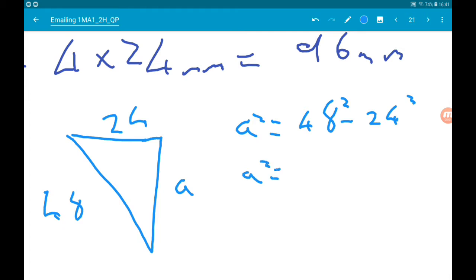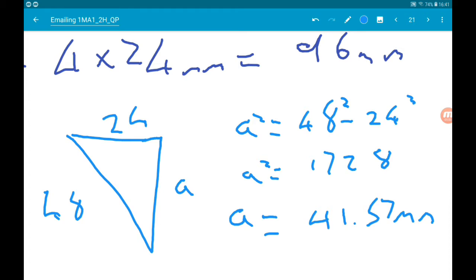Now that then tells us A squared is 1728. Now that tells us A is the square root of that, 41.57 millimeters.